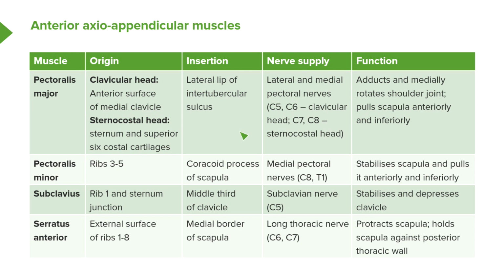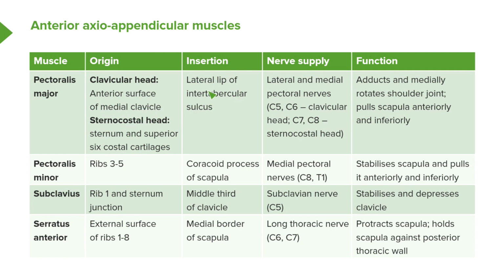We can see that the pectoralis major muscle, as I mentioned, has two heads, and this table really is going to detail their origin and insertion. It's then going to look at the nerve supply, and we can cover some functional anatomy here. But here with the pectoralis major, we've got the clavicular head and the sternocostal head. We can see where they're attaching, as I mentioned previously.